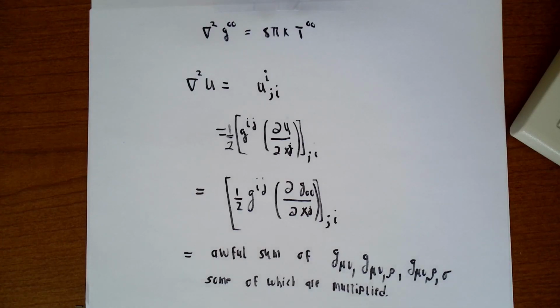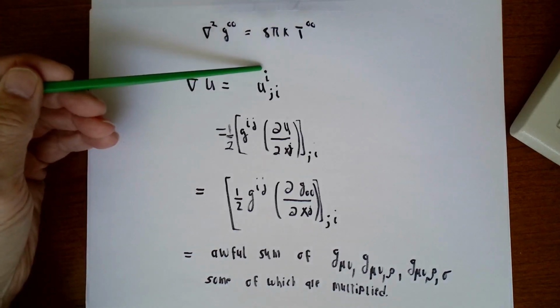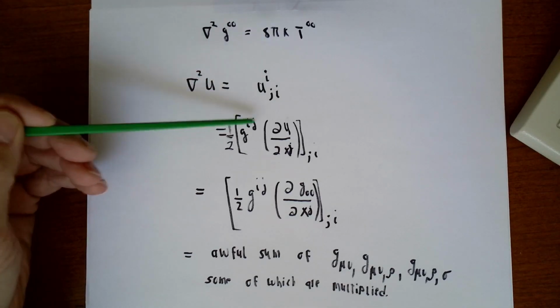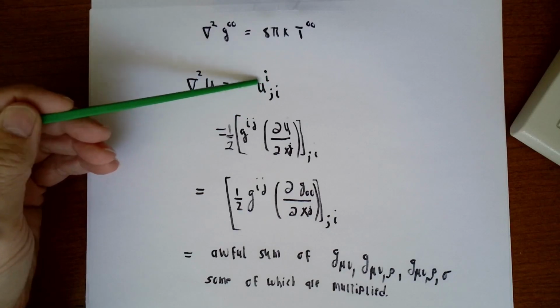To do the Laplacian, which in our previous work had absolutely nothing to do with gravity at all, we figured out that we needed to take the partial derivatives of the potential with respect to coordinates. They gave us components of one forms. The index was down. To get the index in the up position, we had to raise the I that was downstairs on the U until it's upstairs.